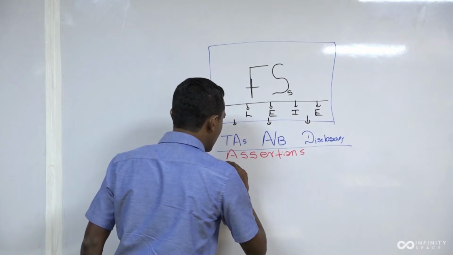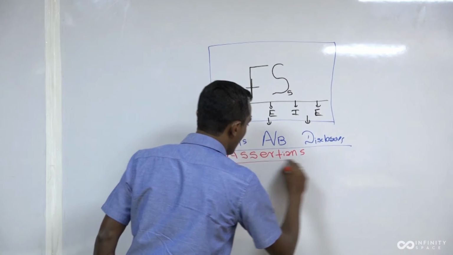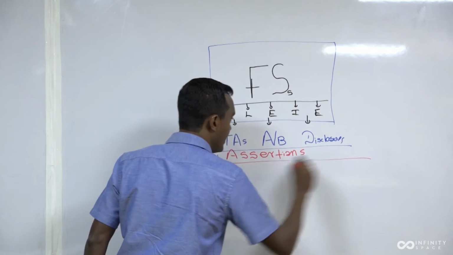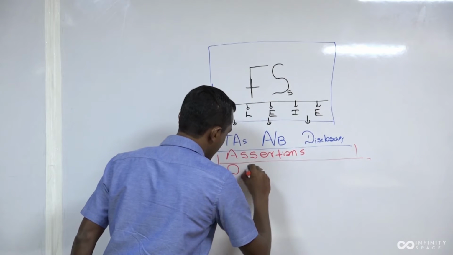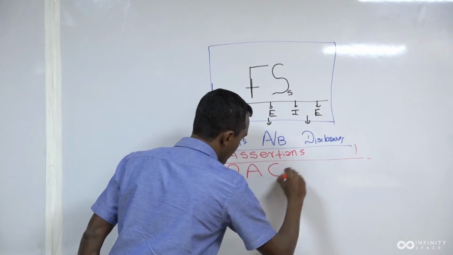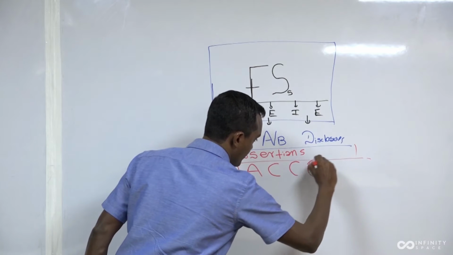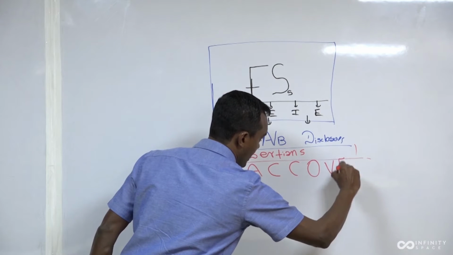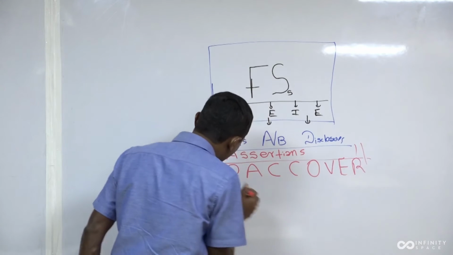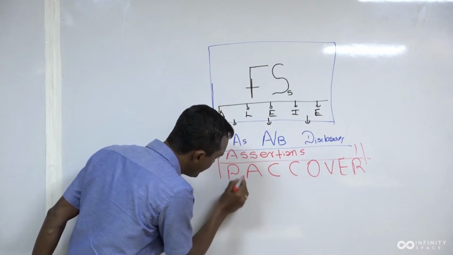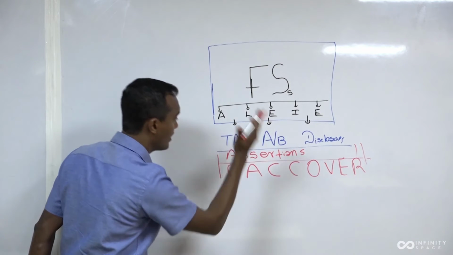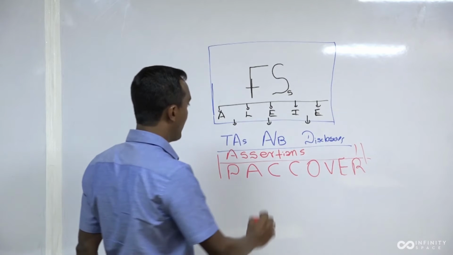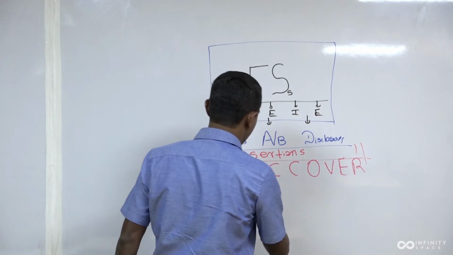All the assertions I bucket under this term called PACK COVER. PACK COVER, right? I will explain the meaning of each and leave some little space here to write it. But remember, below we also need sufficient space to explain a much bigger concept.